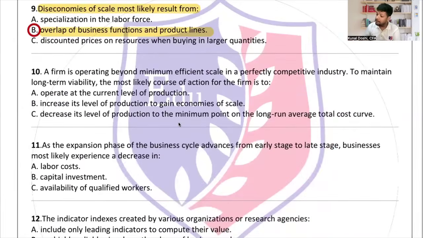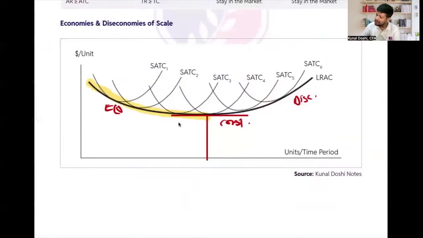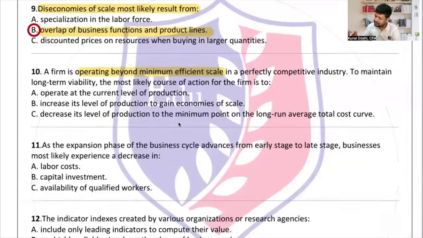A firm is operating beyond minimum efficient scale. Means, see, first of all, should you operate beyond this minimum efficient scale? If you're operating beyond that, that's not a right sign, right? That's diseconomies of scale. Correct?